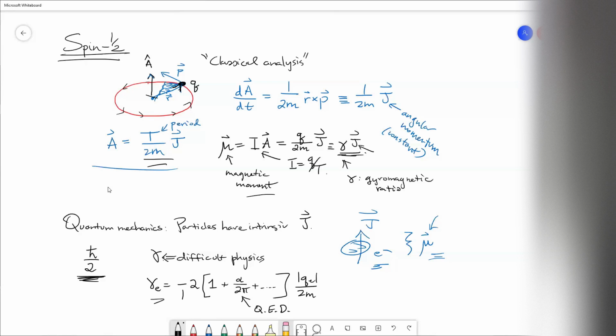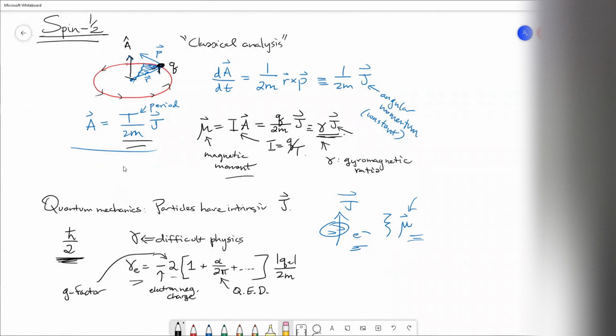I can explain the minus sign. The minus sign just comes from the fact that the electron has negative charge. But you can spend a lot of time talking about where the different numbers come from. This is called the g factor, but it's not really so important for us.